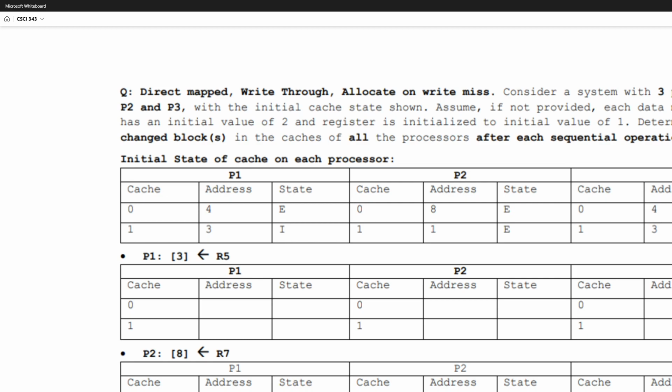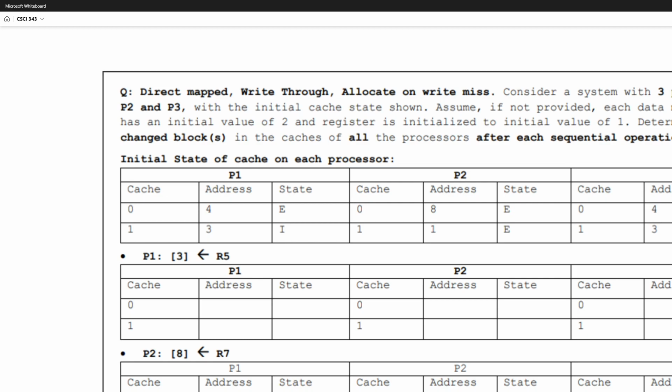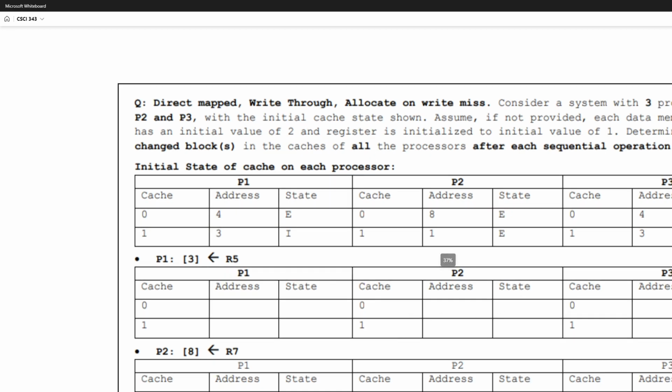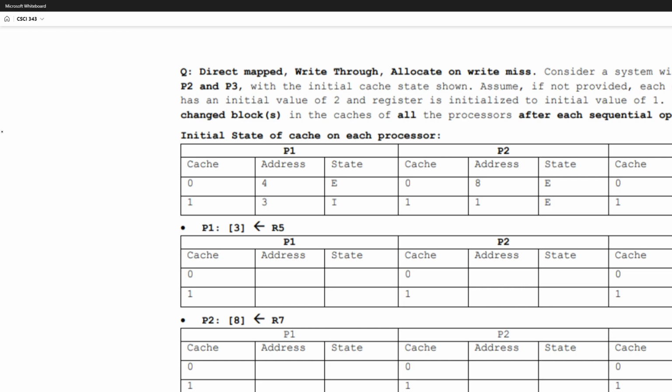Okay, so first thing, each data memory location has an initial value of 2, register initialized to value of 1, direct mapping, write through, write allocate.